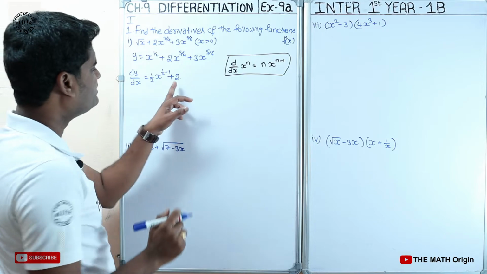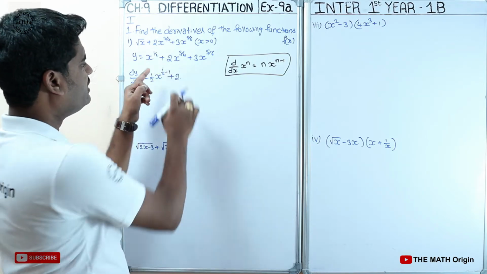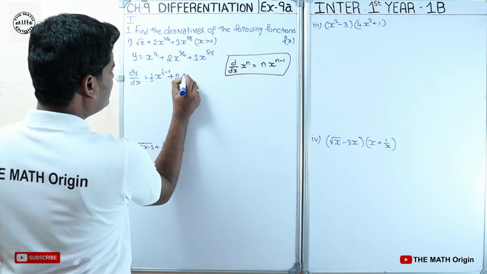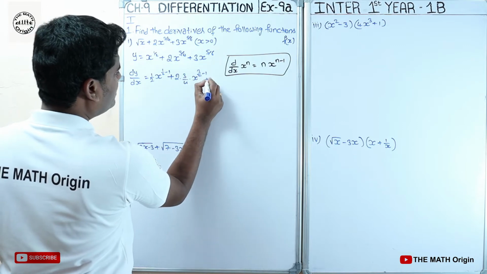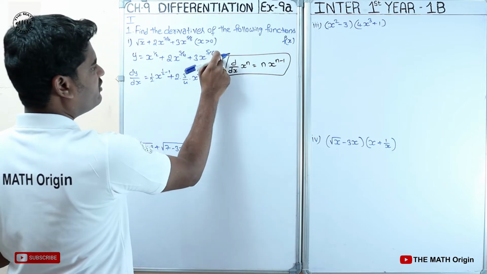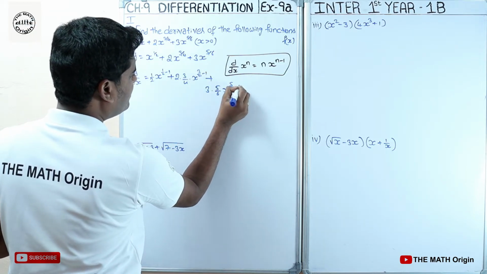into constants. Let us write the constant as is, and next we again have x power n, which gives 3 by 4 into x power 3 by 4 minus 1, plus 3 into x power 5 by 6, which gives 5 by 6 into x power 5 by 6 minus 1.